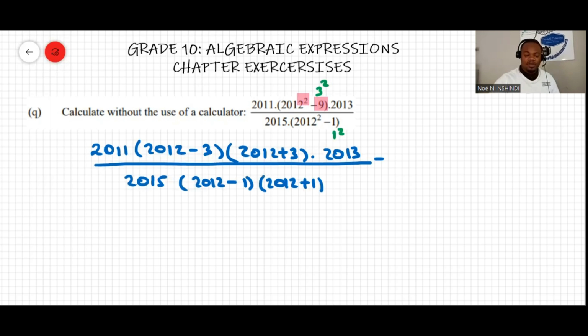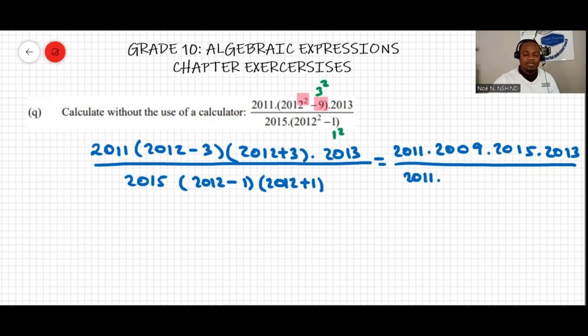Now we can simplify this. It's just 2011 multiplied by 2012 minus 3 is 2009, 2012 plus 3 is 2015 times 2013, all over 2011 multiplied by 2015, sorry, multiplied by 2011 multiplied by 2013.